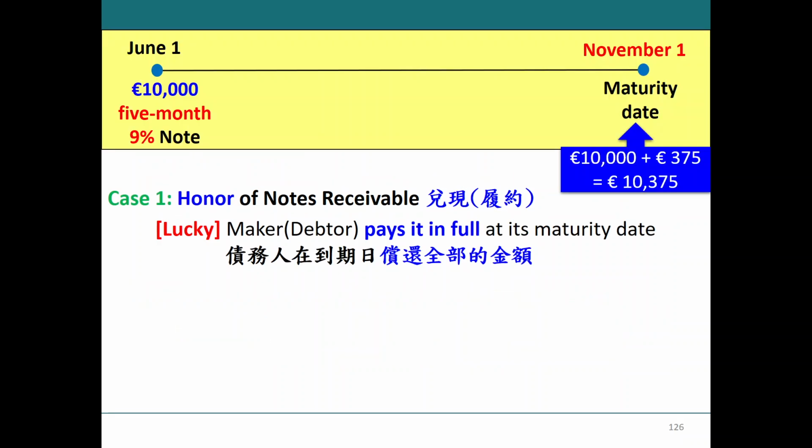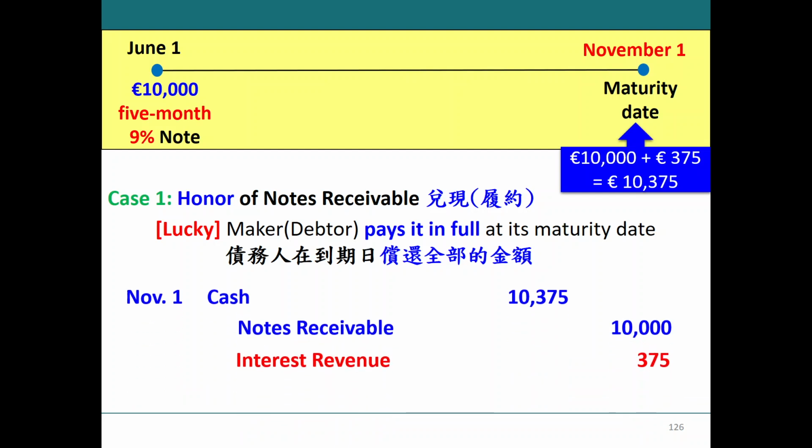On slide page 126, we mentioned you are lucky, you got the cash. The borrower gives you the cash. The total amount of money you got is principal plus interest, right? So debit cash, principal plus interest, and credit notes receivable for that note, $10,000, because they pay the money back.